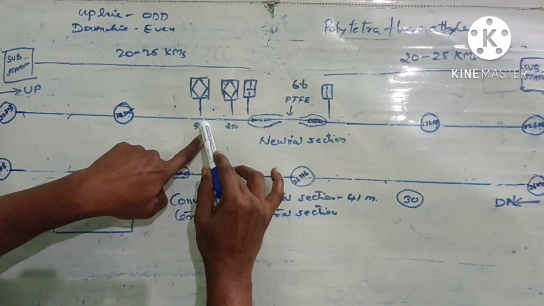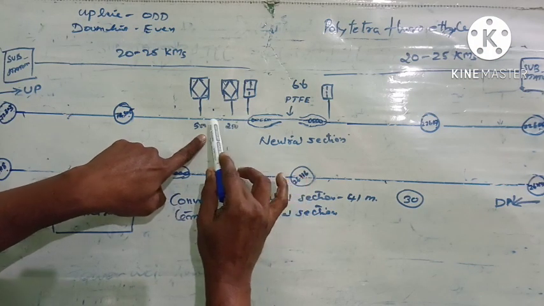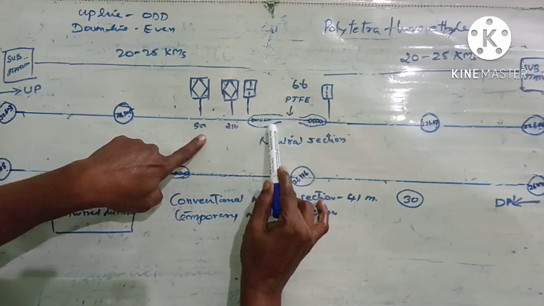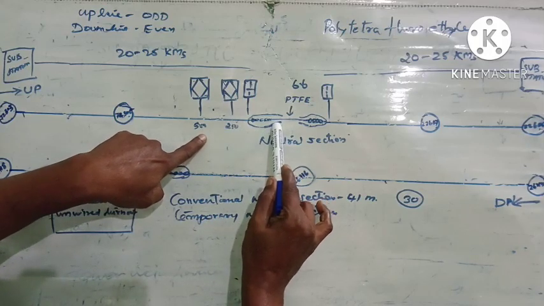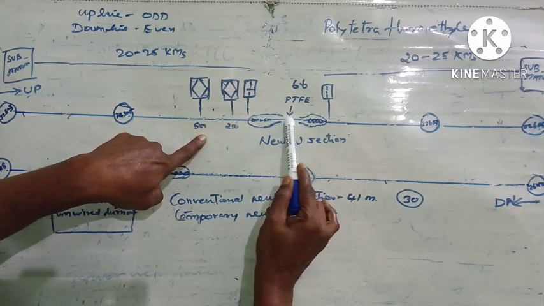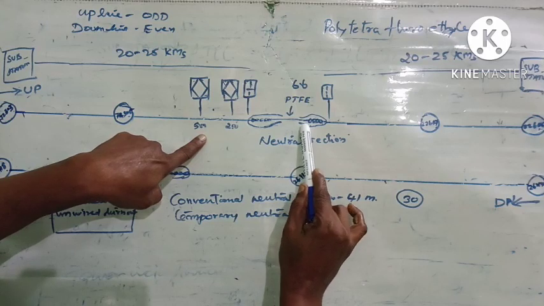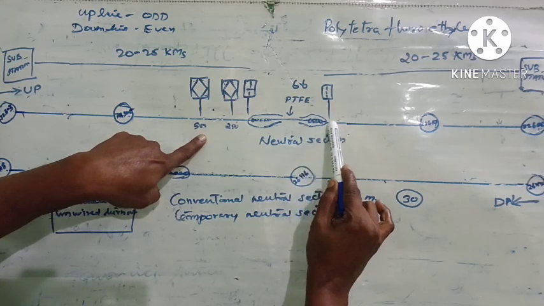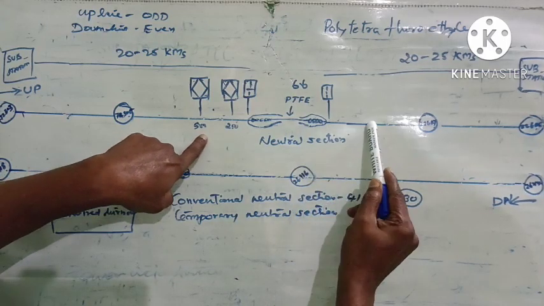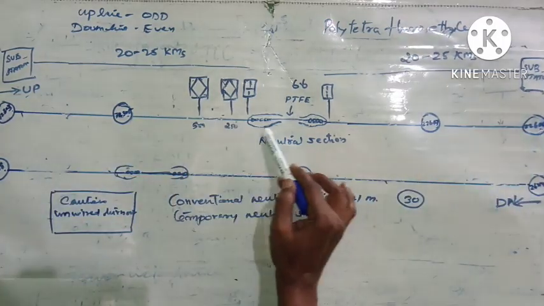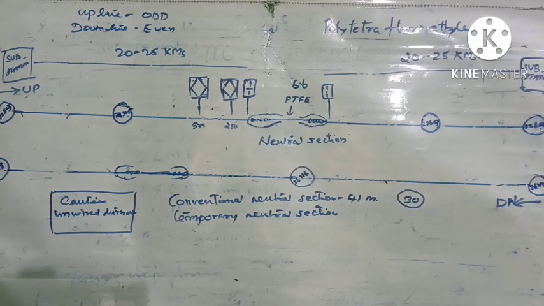When an electric loco is coming with the pantograph raised, the panto will touch the overhead line, here it will touch the runner, then it will touch this non-conducting line, again it will touch the conducting runner, and here it will touch the overhead line and it will go. That is how the panto normally moves.